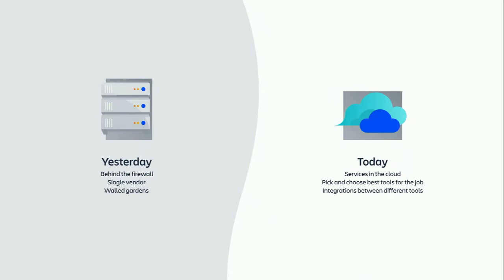So yesterday, back in the old days, you almost always used to have your own server. You had your own hardware deployed to your own data center, and then you maybe had like 7 or 9 different firewalls on top of your software, so that nobody could reach out to that software running in your own data center. And then what's also common was that all of the software was provided by a single vendor.